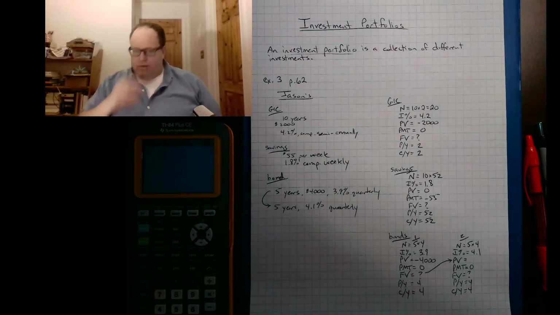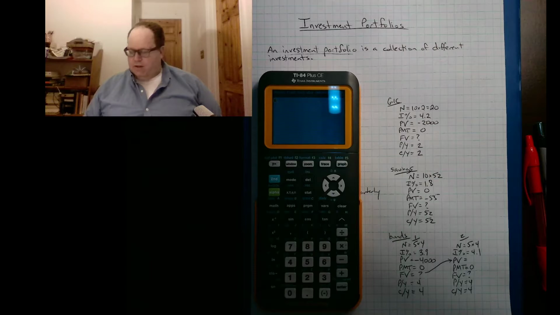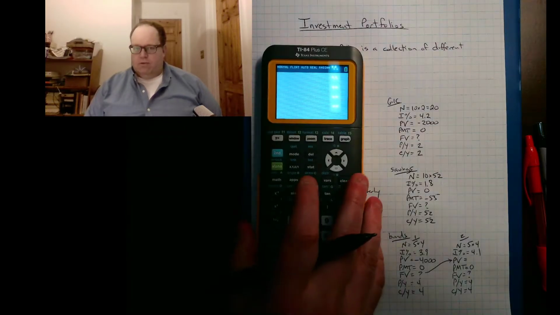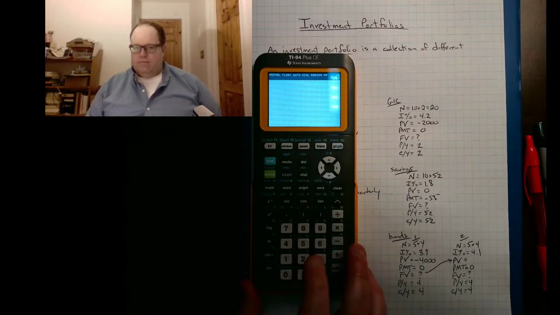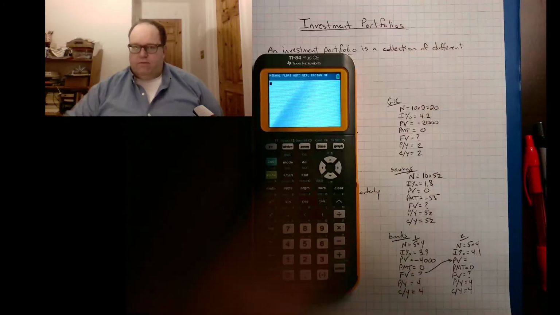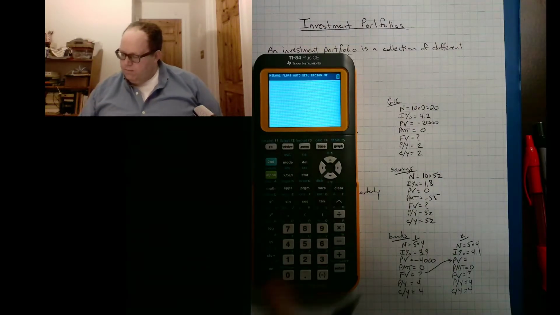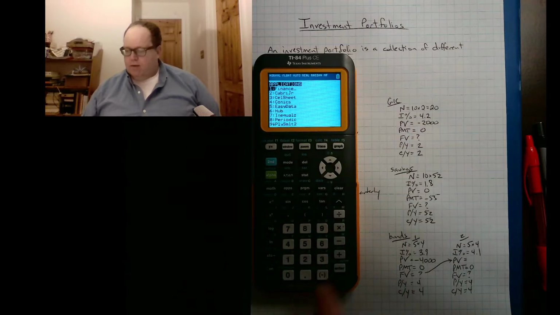Okay, now that we've set this all up, we can dig out our handy dandy graphing calculator with the lovely blue light in the middle of it and work this out. Doesn't seem too bad. Alright, so go into apps, bring up the financial app, and bring up the solver.